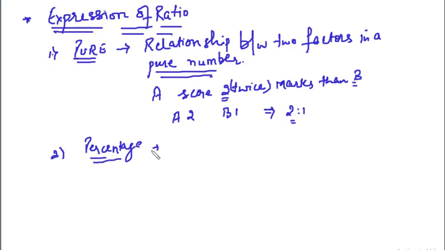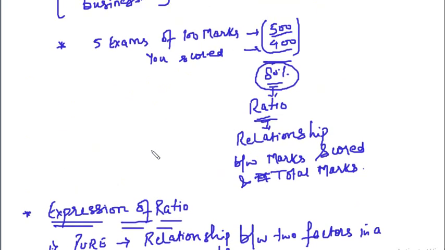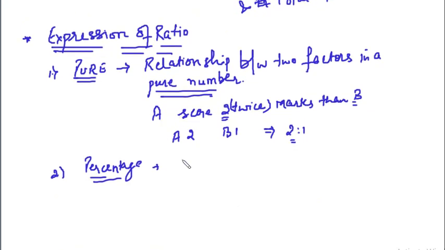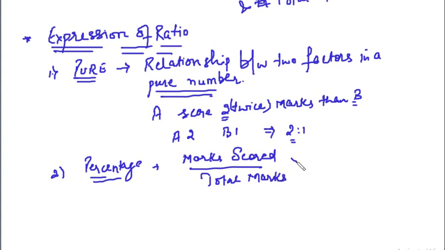A very simple example that I have given you, the marks scored and the total marks. How do you express it? You express it as marks scored divided by total marks multiplied by 100. The marks scored is 400.